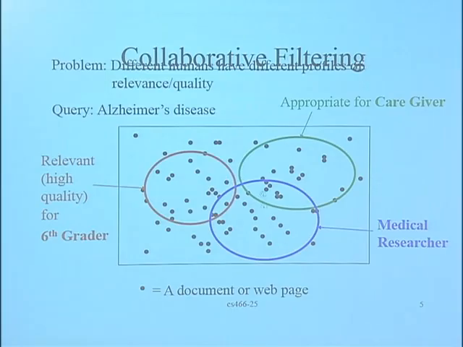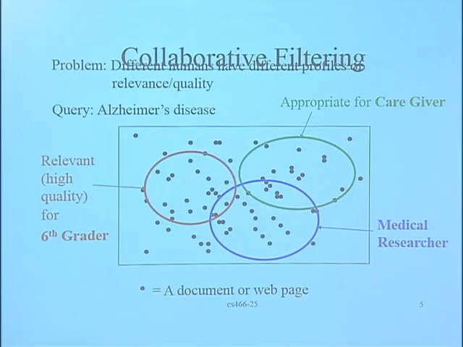In general, there may be some overlap, but these are often disjoint spaces. And this is, again, a very crude demarcation. Different lay people of different levels of sophistication may want different kinds of things, which may overlap with medical researchers' or caregivers' needs. But let's assume, in general, that there's this continuum of prototypical needs for individuals of different backgrounds and classes, given the exact same query.